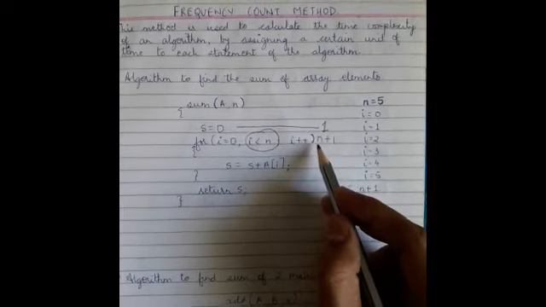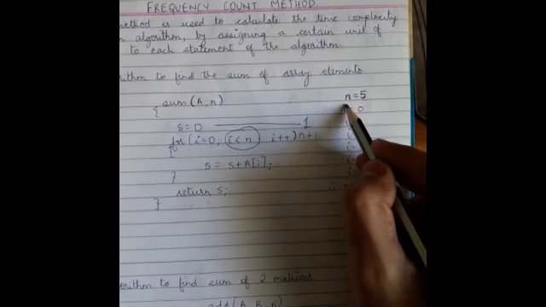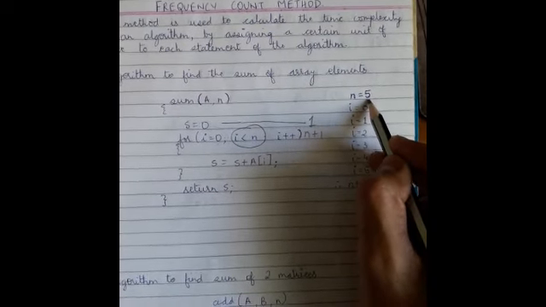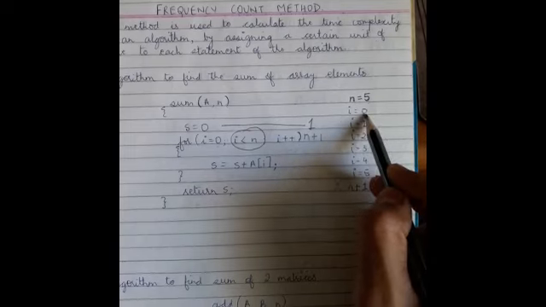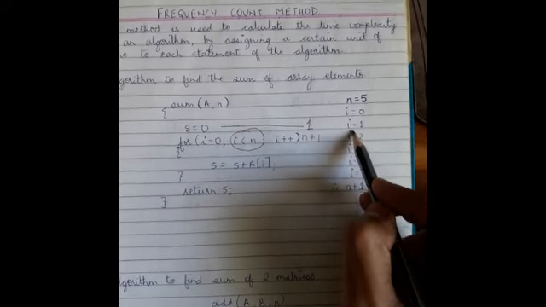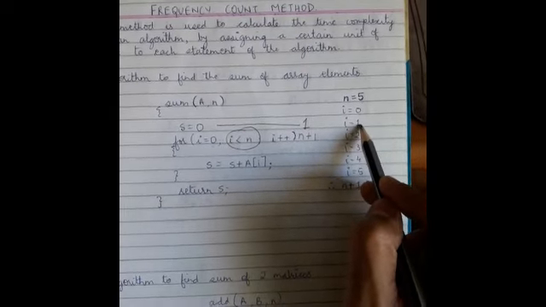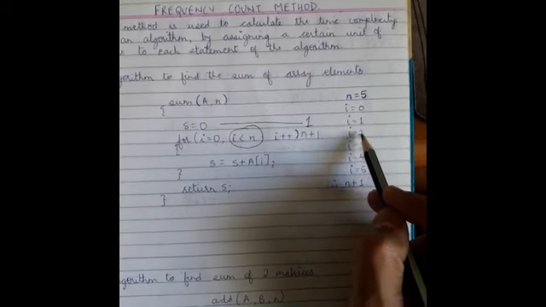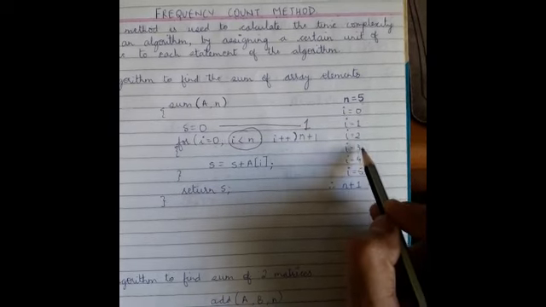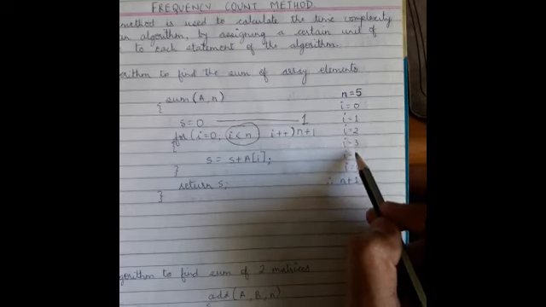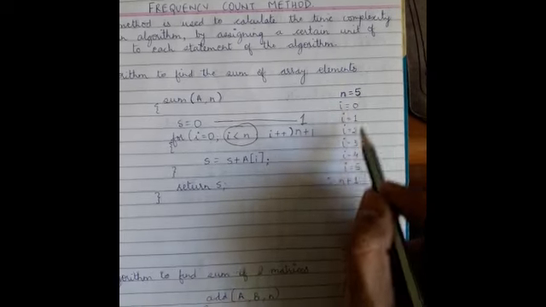Now how is it n plus 1 times? Assume that the value of n is 5. Initially i value is 0, 0 less than 5, condition is true. i value becomes 1, 1 less than 5, condition is true. 2 less than 5, true. 3 less than 5, true. 4 less than 5, true.